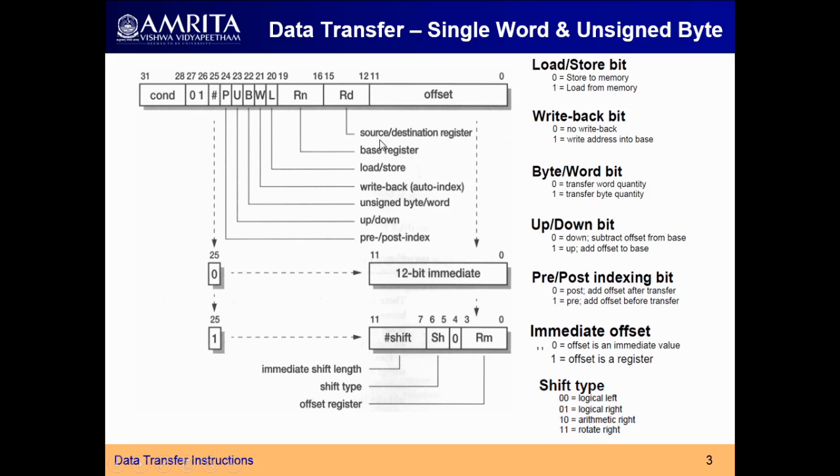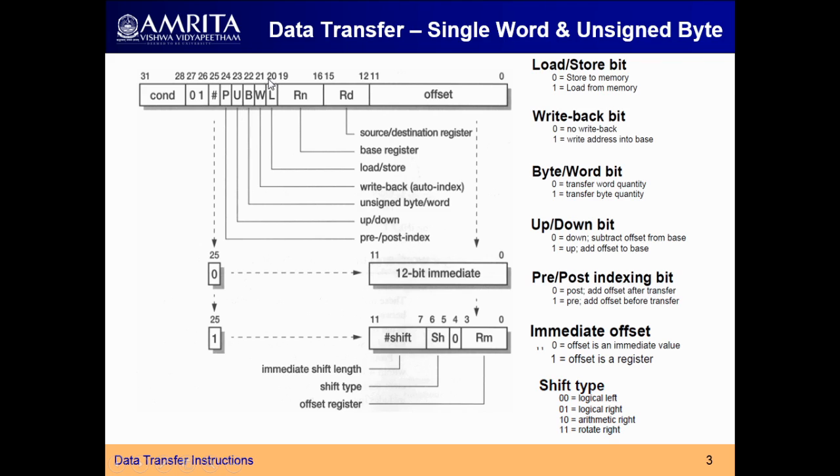You should keep in mind that in the case of store, you are storing from register to memory, so Rd specifies the source register. Then Rn, that is bit number 16 to 19, is used for encoding the Rn register. It is nothing but the base register used for LDR or STR.